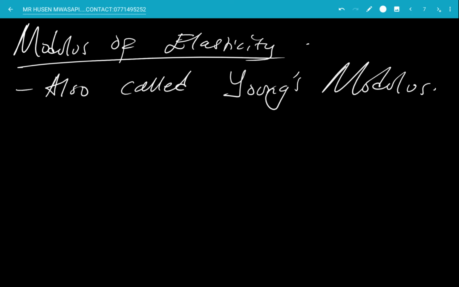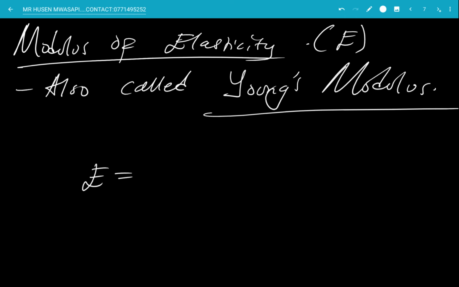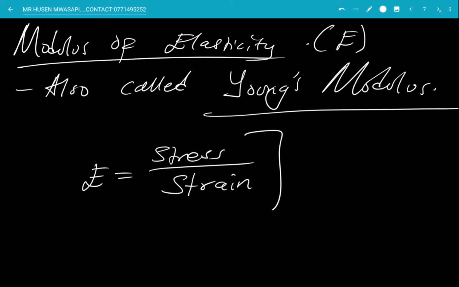So now this modulus of elasticity or Young's modulus just shows the relationship of stress and what? Strain. The symbol for Young's modulus is a capital E. So Young's modulus is equal to stress over strain. This is the Young's modulus.